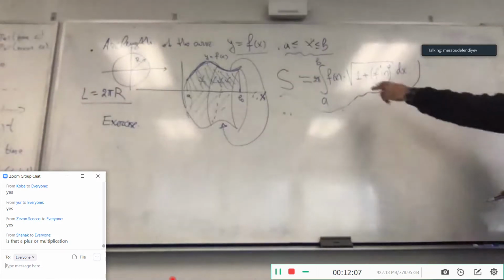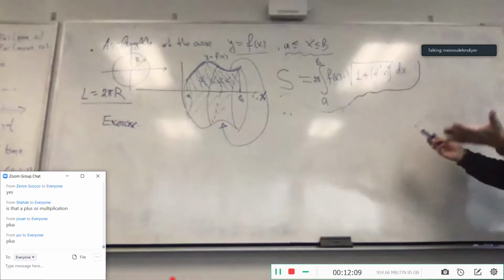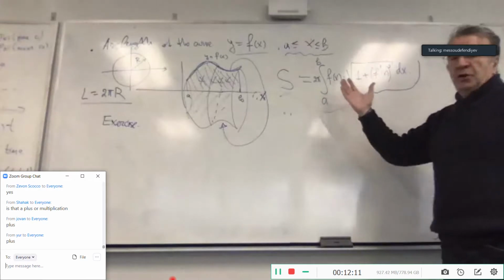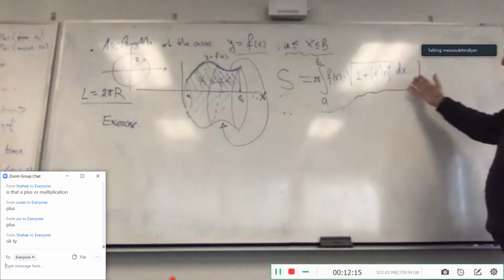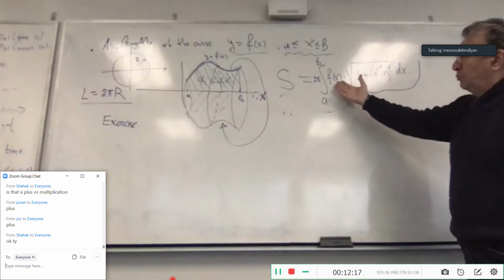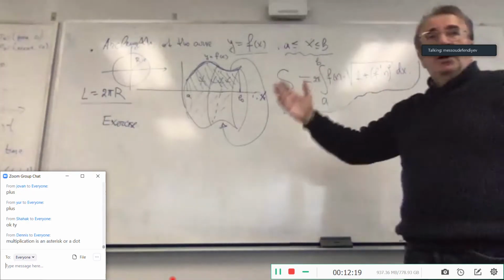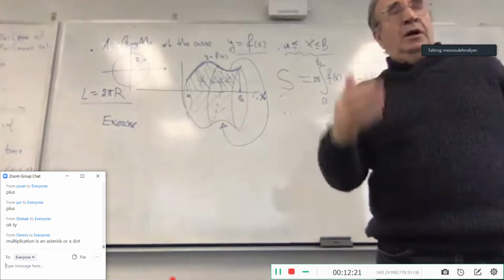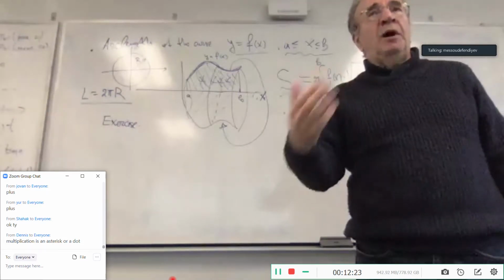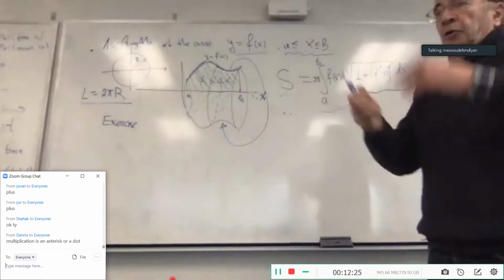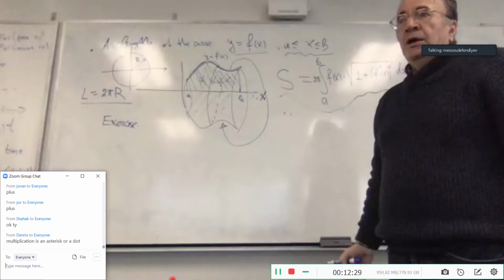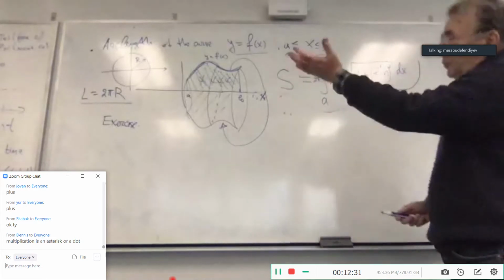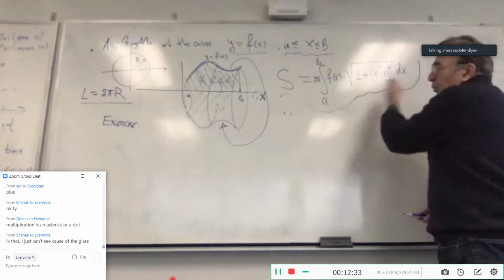If you have an exercise with some function f of x, you have to use this formula, as it was in the test too. Many of you did quite well. If you know the formula of the cylindrical shell method, you just put it in and integrate.